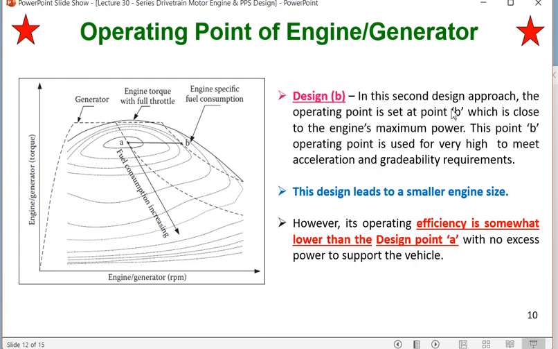In the second design approach, the operating point is set to point B, which is close to the maximum power. This point B operating point is used to meet the very high acceleration and gradability requirements. That means if you have to go from Bombay to Pune in the shortest possible time, because you have some very important work, in that case you don't care whether you are maintaining fuel efficiency or not.